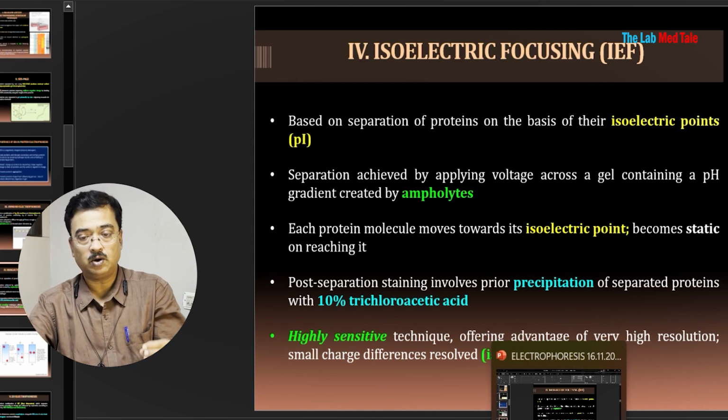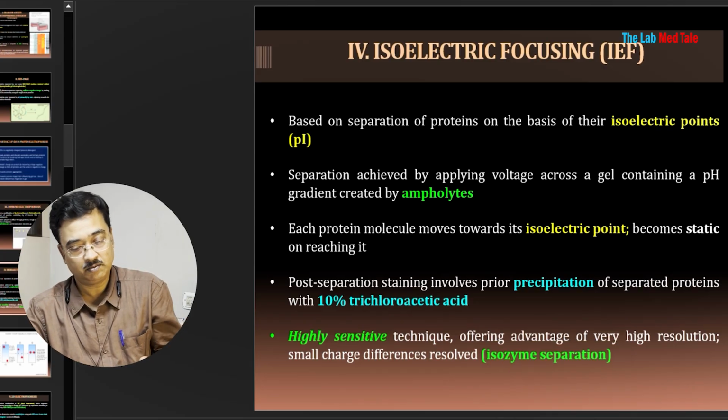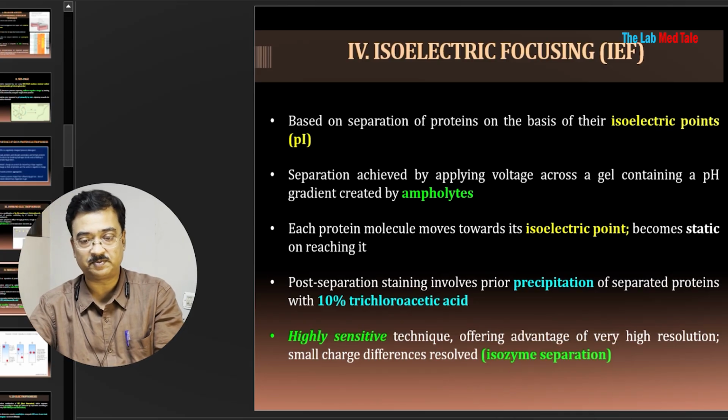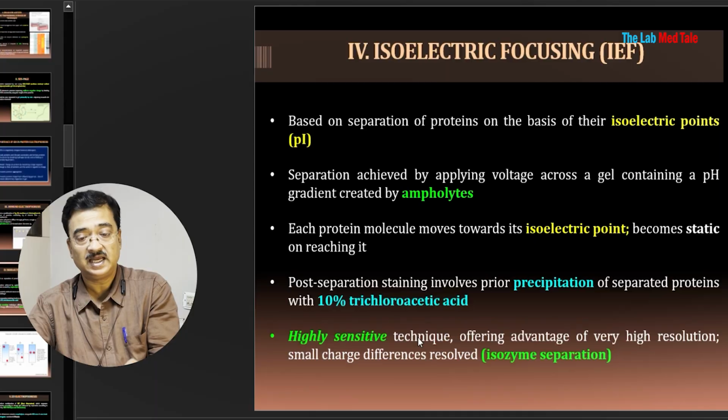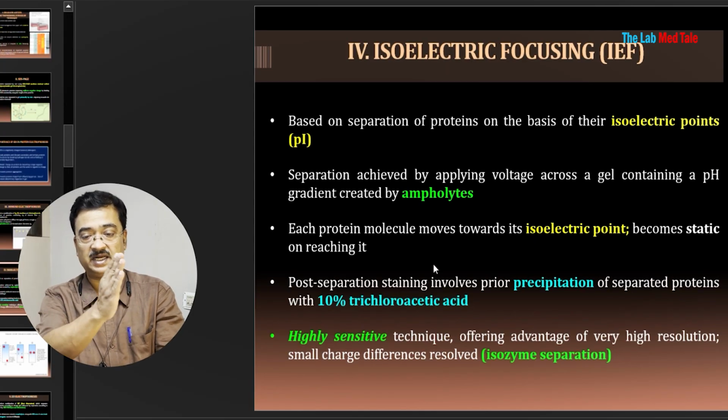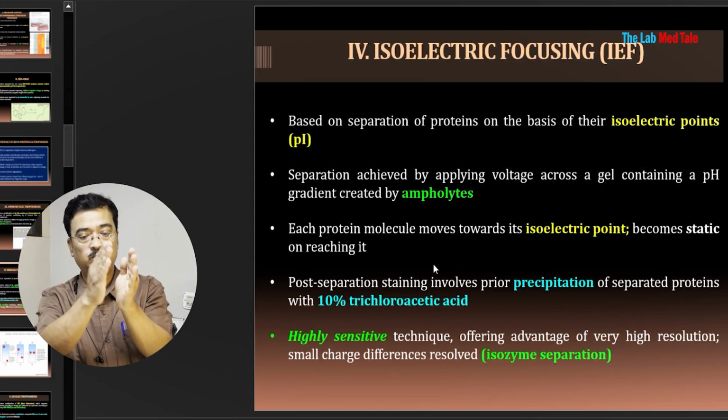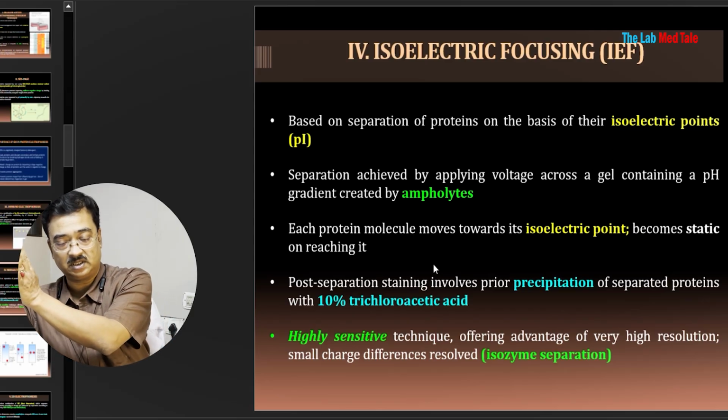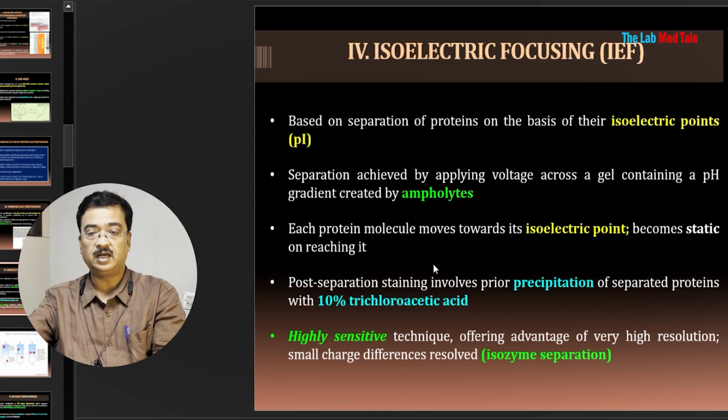So now you run the molecule. When you run the mixture, each protein moves as per its charge, and it first created a gradient, that means 0.2, 0.4, 0.5, 0.6. So it created a gradient of the pH.